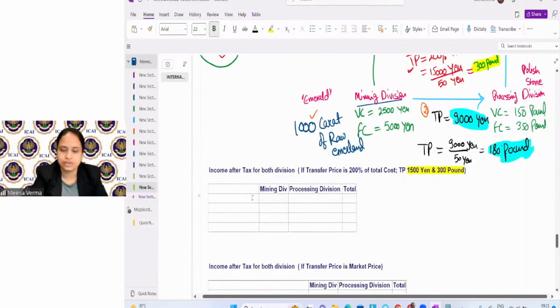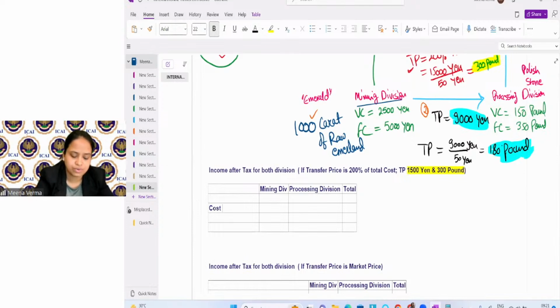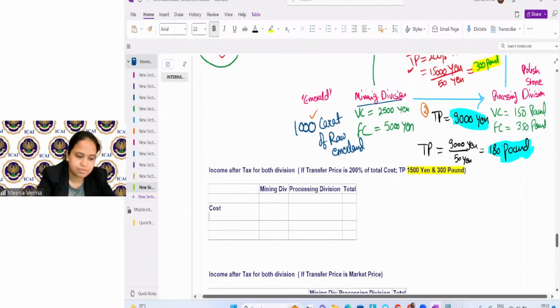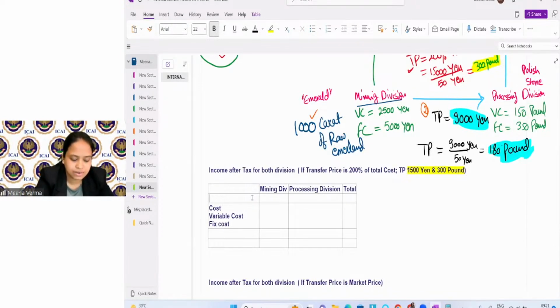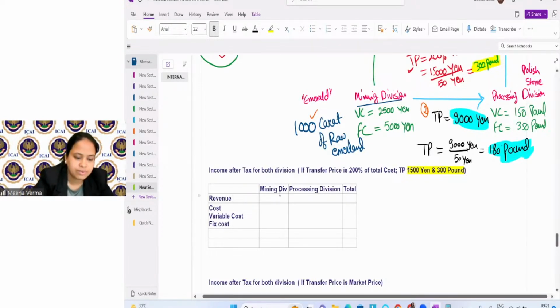Okay, now let's solve it. We know the variable cost, we know the fixed cost, we know the tax rate, right? Every cost we know about. And we know the sale, the revenue for them.